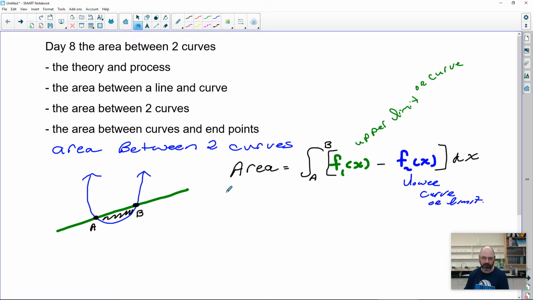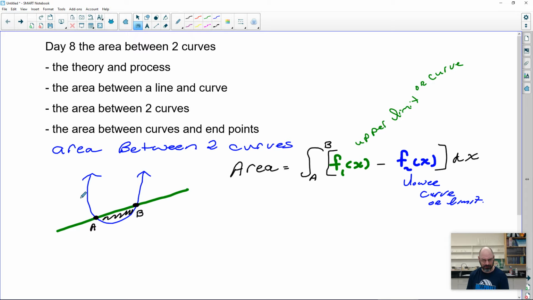So it's important that you notice that blue is above green here and here, but it's not the upper limit because we're just looking at this section that bounds the area. This semicircular kind of shape is bound on top by the green and on bottom by the blue. So that's why this is the upper limit. This is the lower limit. And this is basically how we do area between two curves.